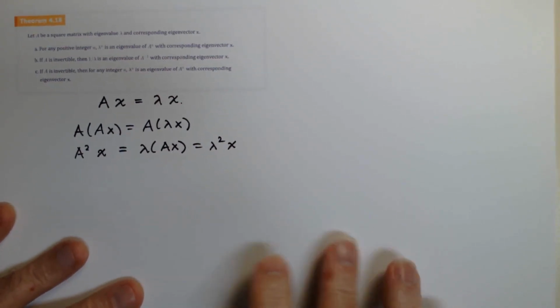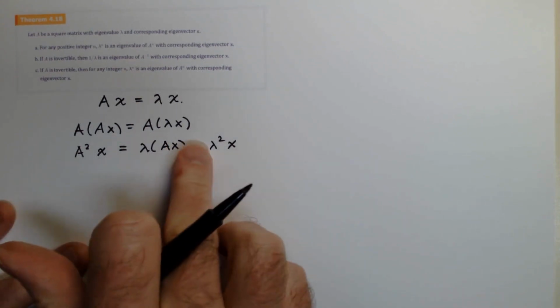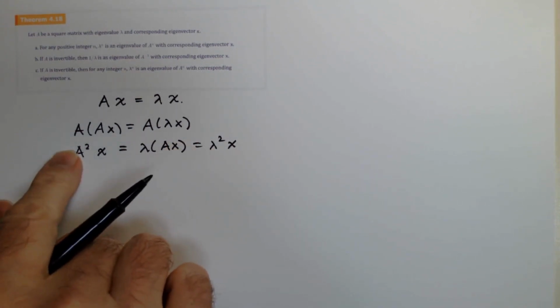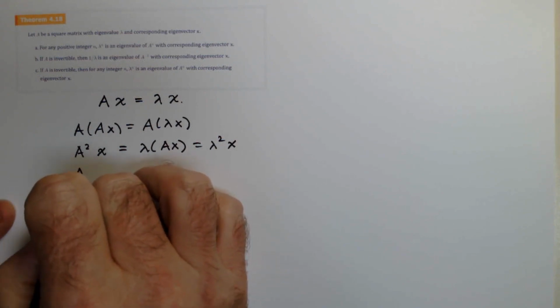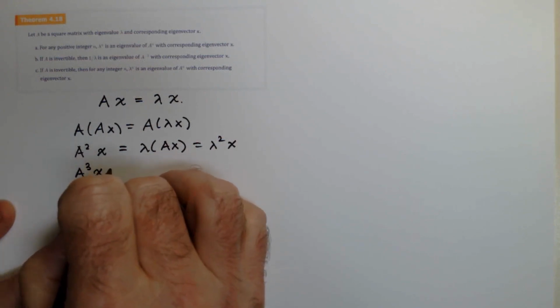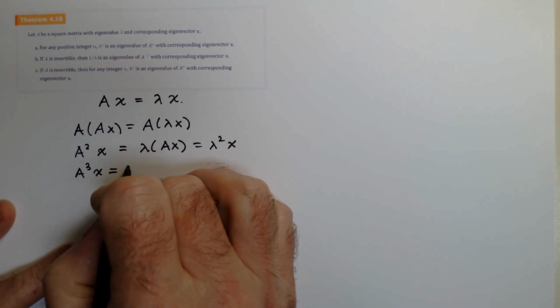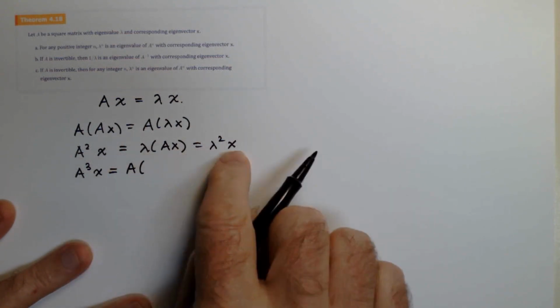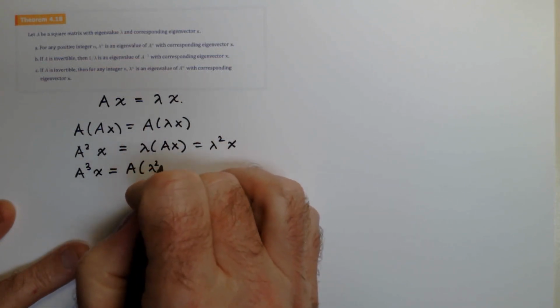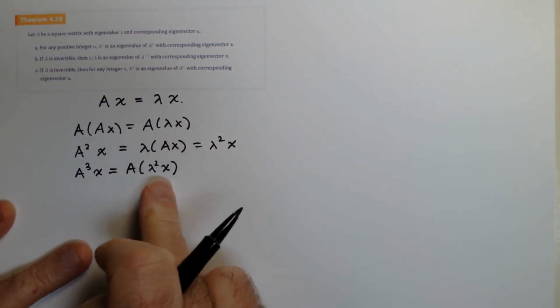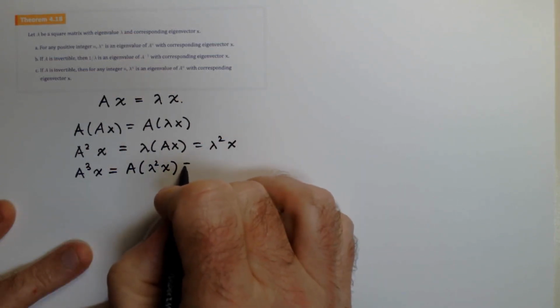Now, we can do this again. I can apply the matrix A to both sides. This side will become A cubed. On this side, I'll be applying the matrix A to lambda squared times x. Once again, I can pull that scalar through using linearity.